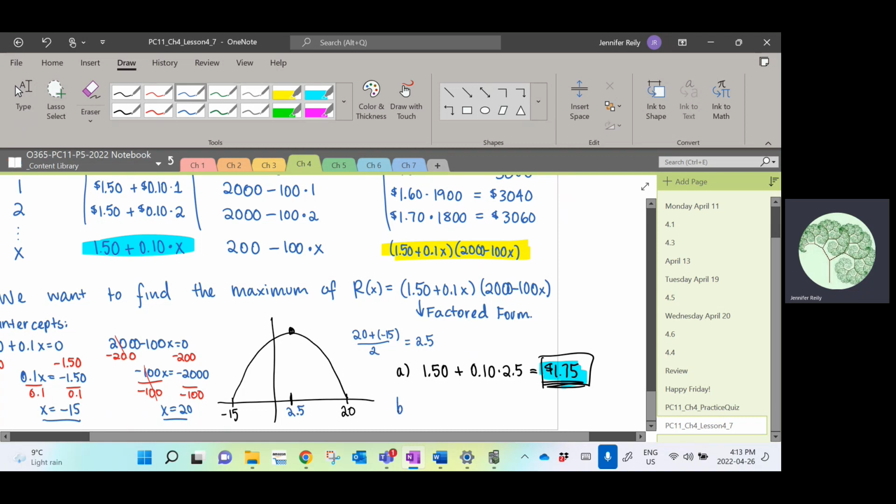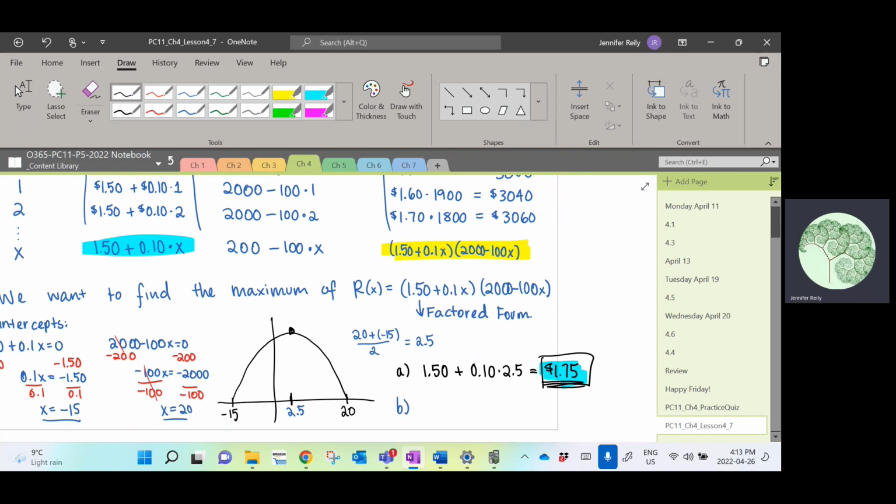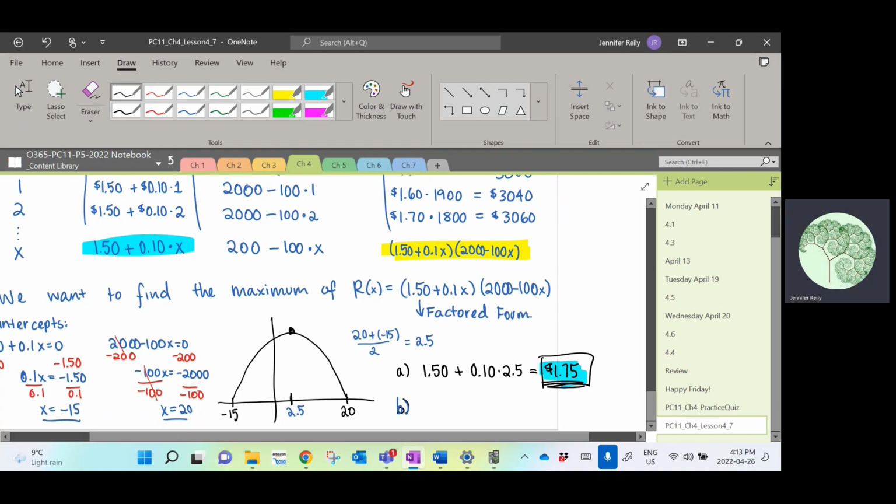And for part B, I'm going to use the yellow equation to calculate the revenue. So this is the price because it was in the price column. And this is the revenue.